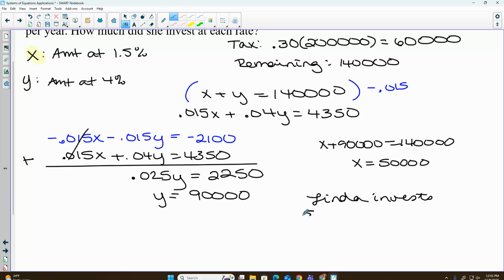So Linda invests 50,000 at 1.5%, 90,000 at 4%.